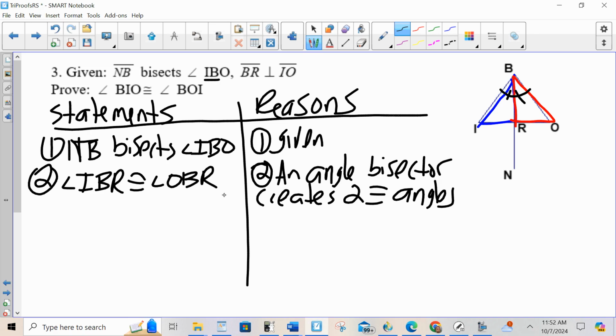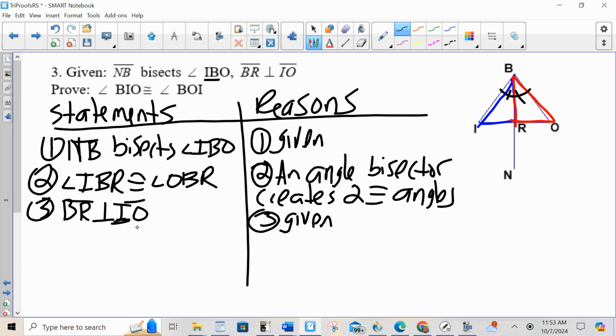I need three. I go to my next given. BR is perpendicular to IO. Given. I do a mini proof. Perpendicular lines form congruent right angles.